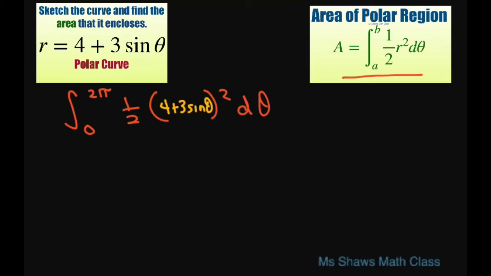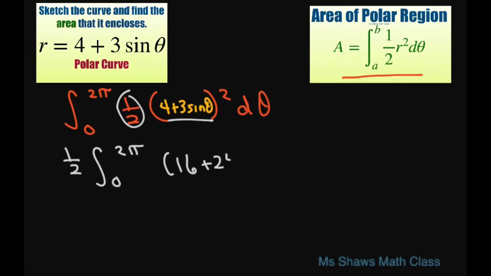I'm going to pull out the 1/2 and then expand this, and this is going to give me 16 plus 24 sine of theta plus 9 sine squared of theta, d theta.